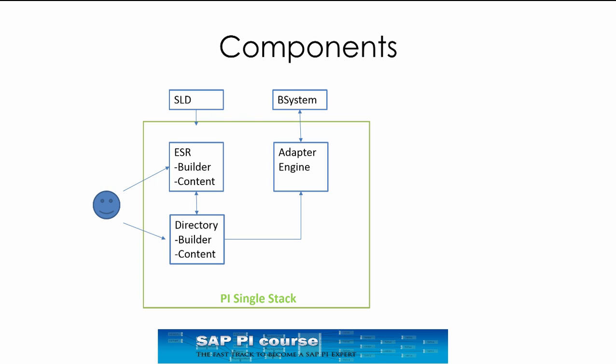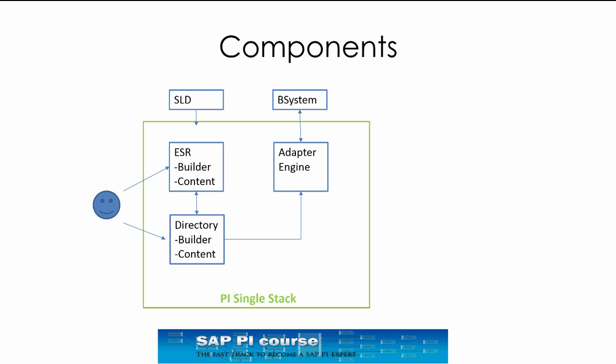So here you would show what kind of software components you have installed in your system. You would also have a list of all the different systems that are running in your landscape. So all the SAP systems would report to an SLD, and then this SLD would replicate data to the different components.